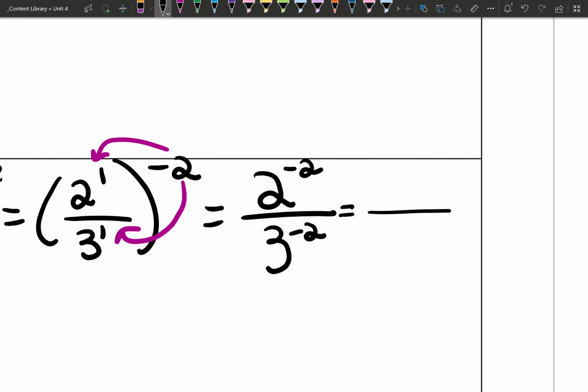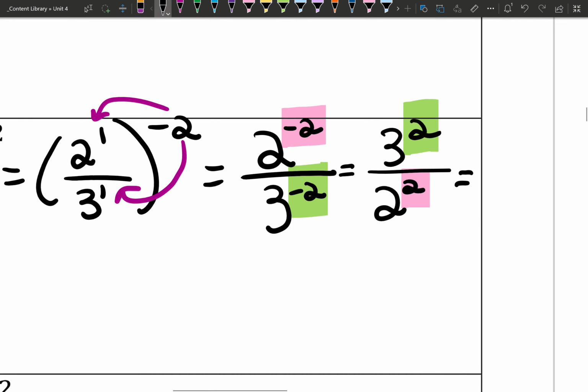Unfortunately, though, we have negative powers, which means we need to switch them. We got to flip them. They got to switch sides. We get 2 to the power of 2 on the bottom, and then 3 to the power of positive 2 on top.